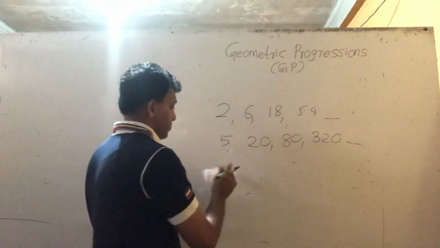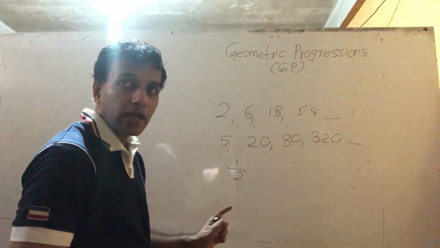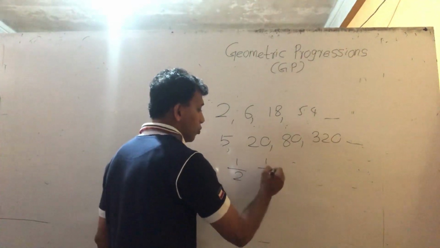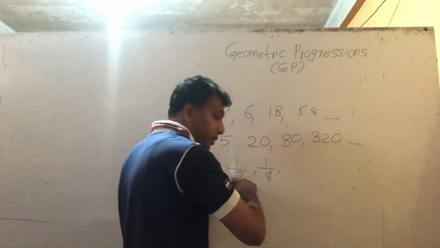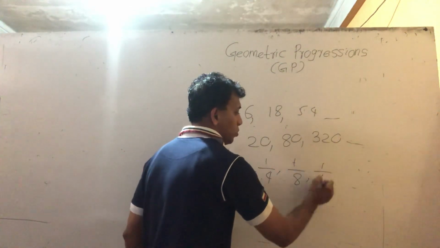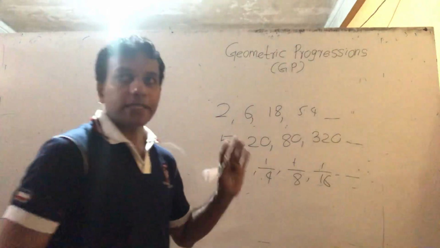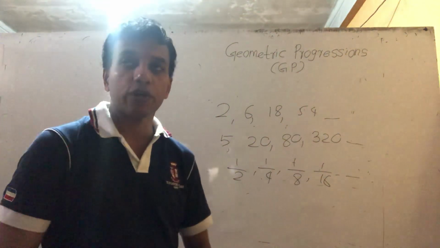And another example: half, multiply by another half, 1/4, multiply by another half, 1/8, 1/16. These are some examples of geometric series or geometric progressions.